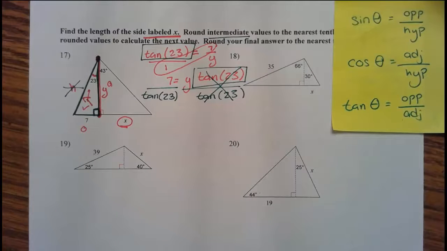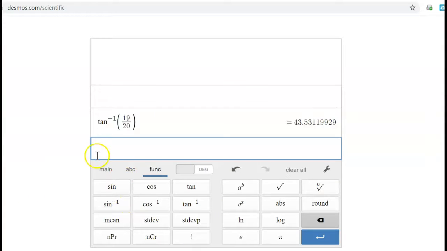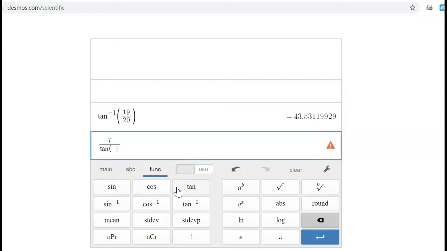Okay. Pull up our calculator. We have 7 divided by tangent of 23. So we know y is equal to 16.5.